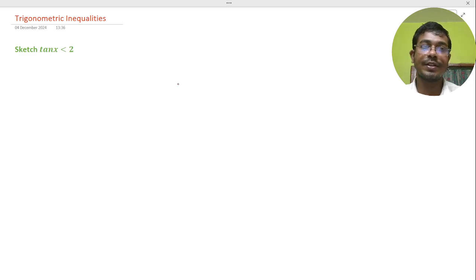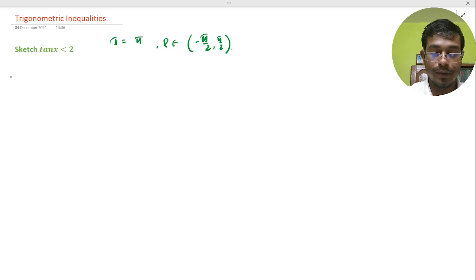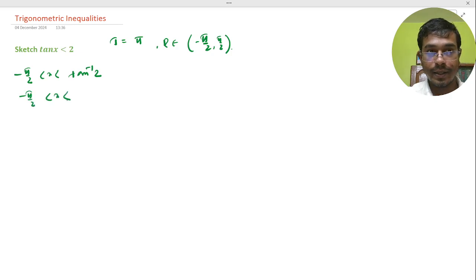Here the question is: sketch the graph of tan x less than 2. So tan x less than 2. Here we have period T equal to pi and the interval R belongs to minus pi by 2 to pi by 2, and to deduce that, minus pi by 2 less than x less than tan inverse 2. So minus pi by 2 less than x less than arc tan 2.